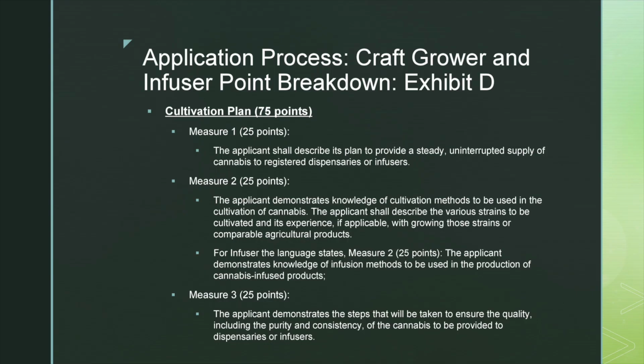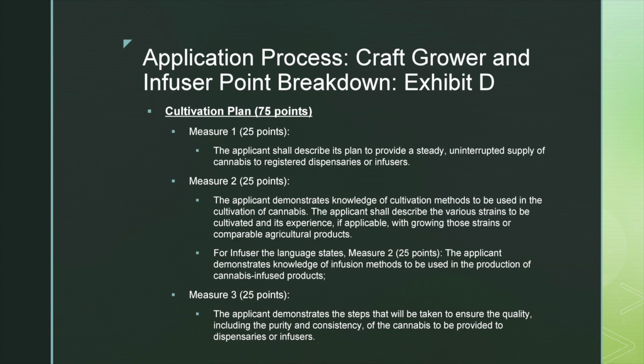Slide 24 goes into Exhibit D, which is the cultivation plan. The first measure is worth 25 points. The applicant shall describe its plan to provide a steady, uninterrupted supply of cannabis to registered dispensaries or infusers. Measure 2, the applicant demonstrates knowledge of cultivation methods to be used in the cultivation of cannabis.